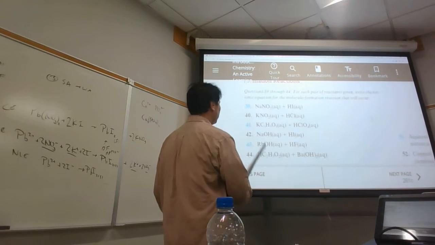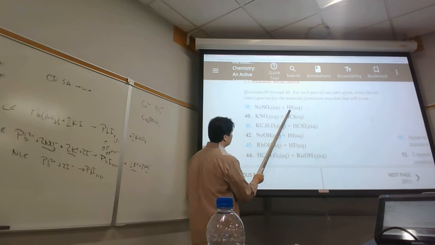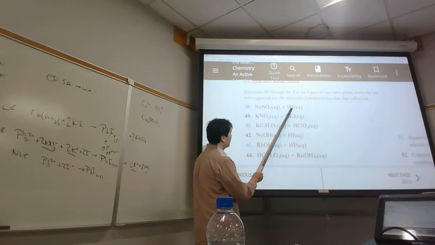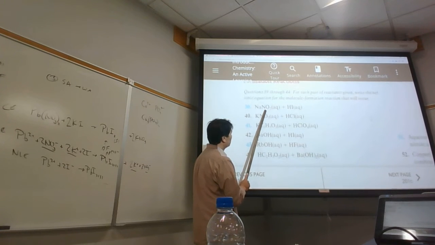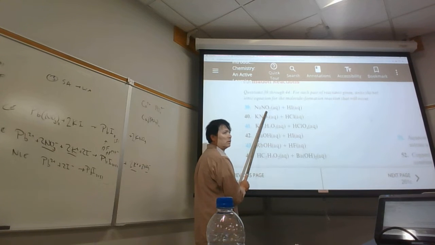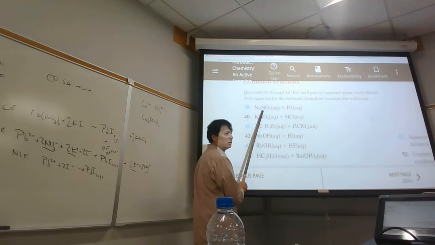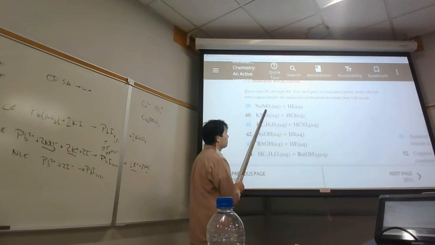So sodium nitrite with hydroiodic acid. What's this going to form? It's going to form sodium iodide and hydrogen nitrite, which we call not nitric, because hydrogen nitrate we call nitric acid. Hydrogen nitrite we call nitrous acid.